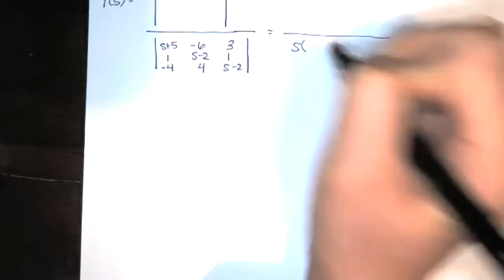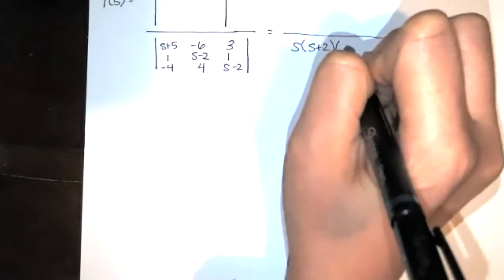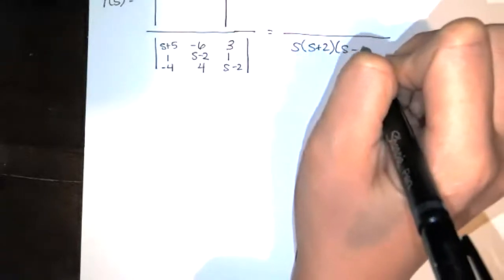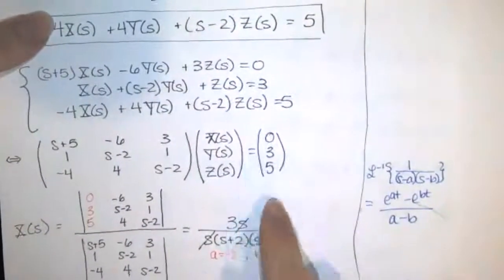And we've already done that work. It turned out to be s times s plus 2 times s minus 1. And in the numerator, you leave the first and third columns alone because you're talking about the second variable. And you replace that middle column with the right-hand side over here, which is 0, 3, and 5.